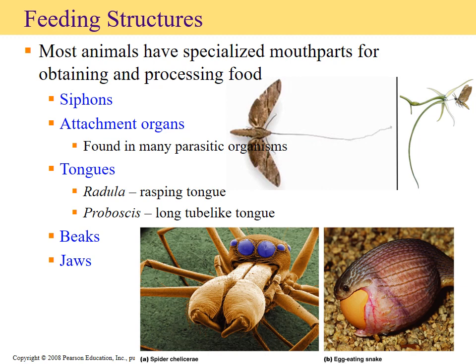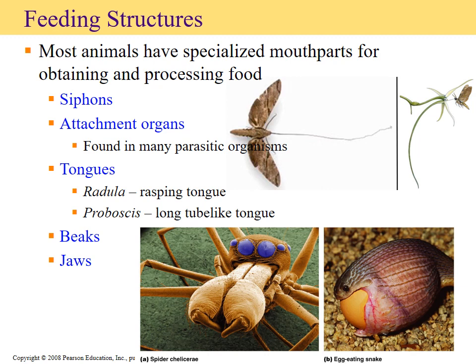And for a lot of animals, usually within the mouth area, there will be a very specific structure or piece that will contribute to obtaining and processing foods. So I've just listed a few of them for you on this slide. For instance, when we take a look at liver flukes, we see that they have siphons that they can use to attach to the food and start breaking it down.